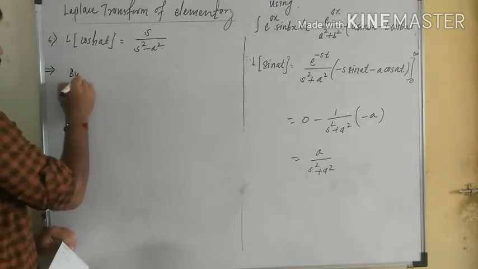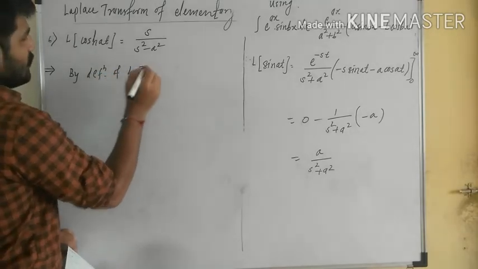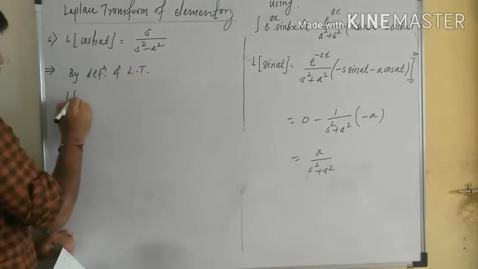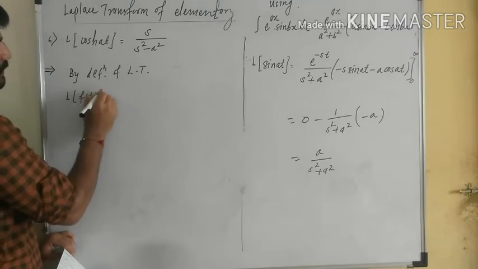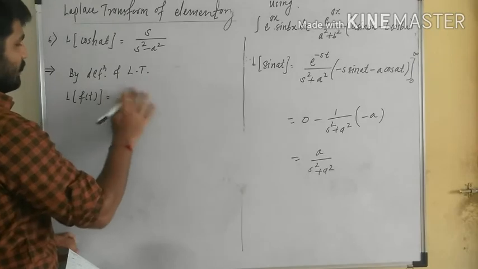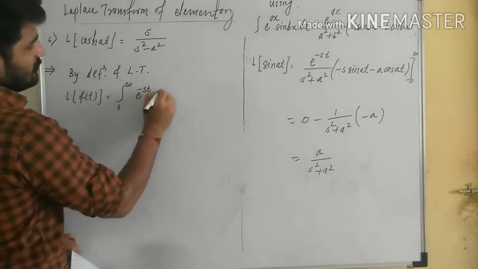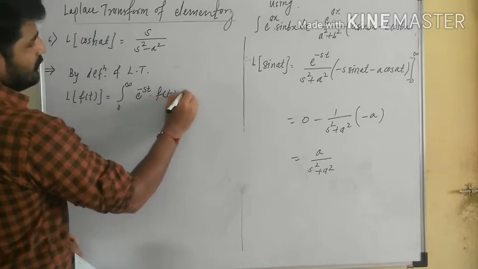Again by definition of Laplace transform, the Laplace transform of f of t is equal to integral 0 to infinity e raised to minus st into f of t dt.